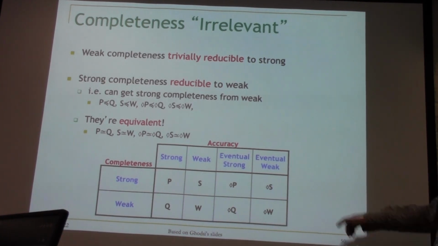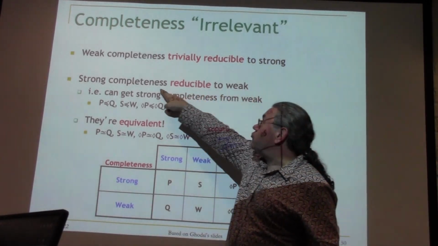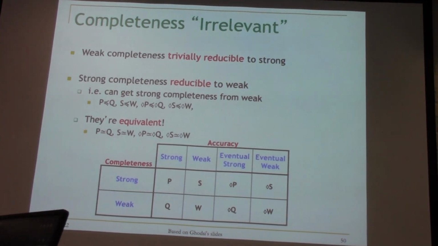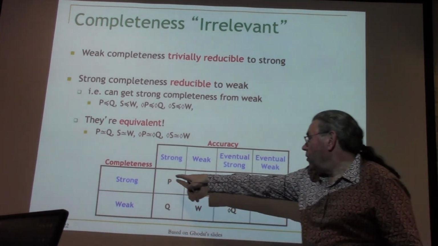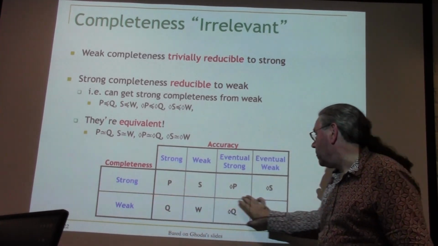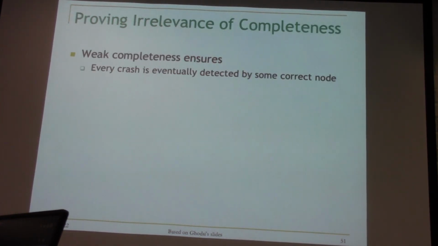That means if I have an algorithm that is weakly complete, I can make it strongly complete. They're equivalent, actually. So all these, we don't really need them, which is lucky because I don't really want to keep using them. So weak complete and strong complete are equivalent.